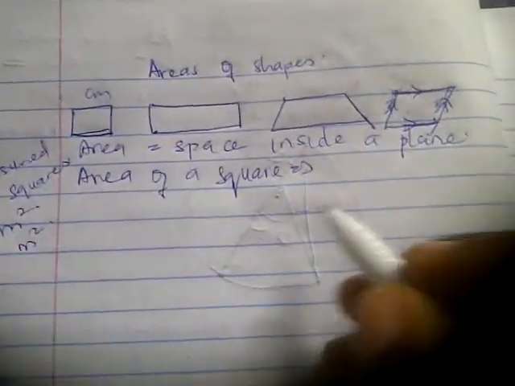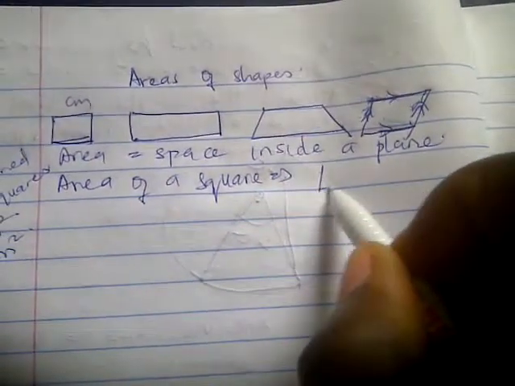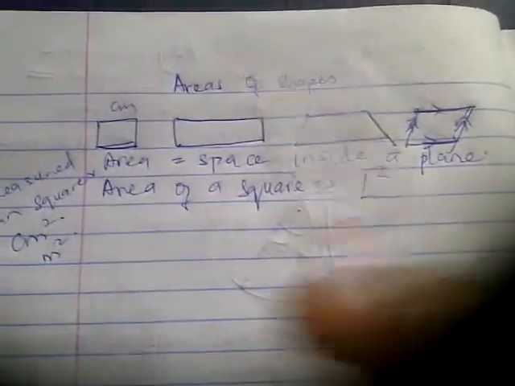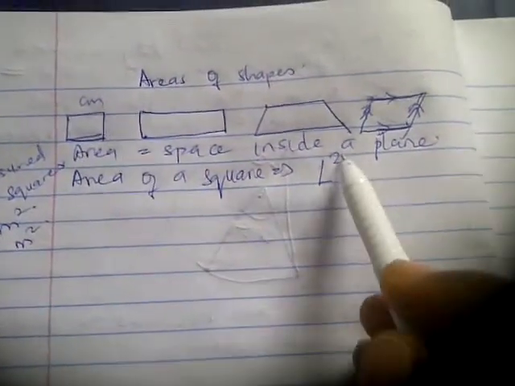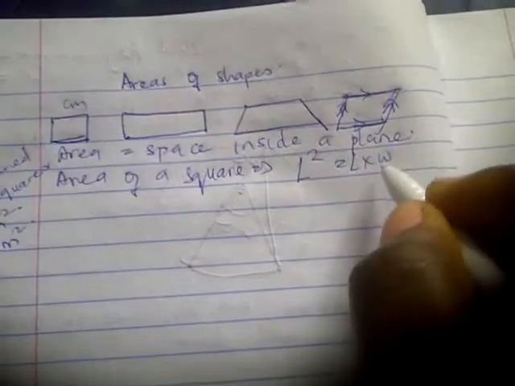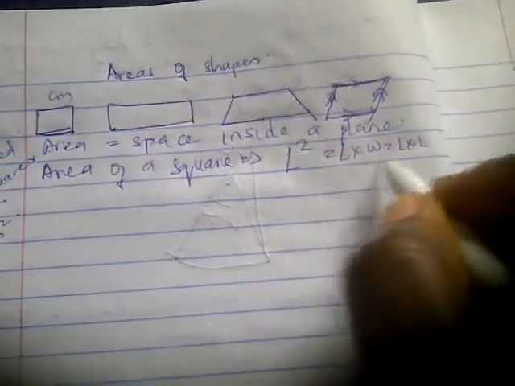Okay, so now the area of a square is one of the sides squared. Why? Because all sides are equal. It could have been length times width, but since the length is the same as the width, we just square it. This is the same thing as length times width; since length is the same as width, it is the same thing as length times length or width times width.